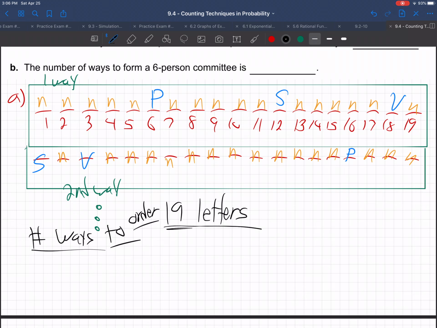It's the number of ways to order 19 letters where we've got one president, one vice president, one secretary, and then 16 nothings.